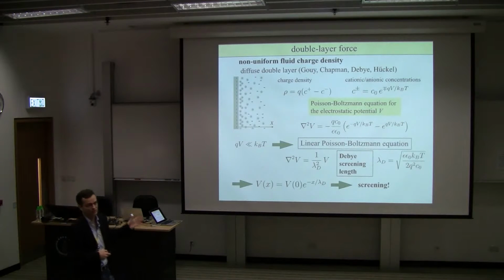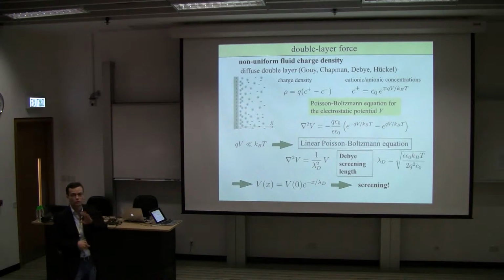So this is somehow close to what you guys work on, right? Because of this kind of equation here. But here there is this characteristic length scale, which is the Debye screening length, depending on the concentration of ions.